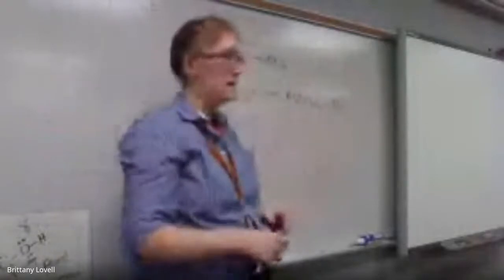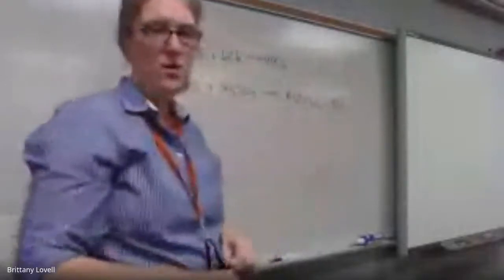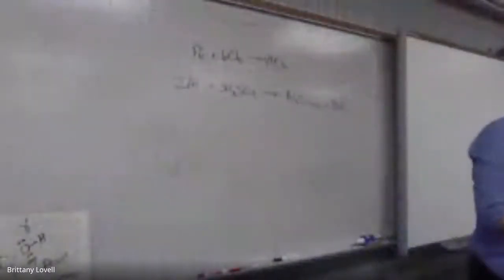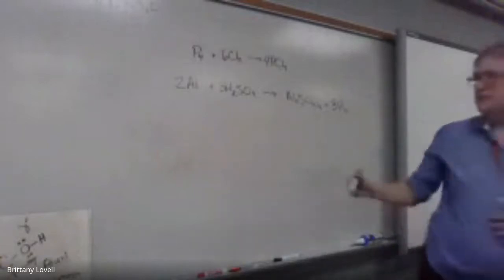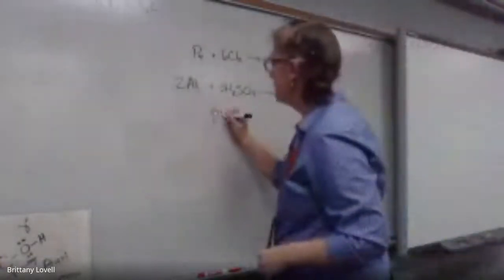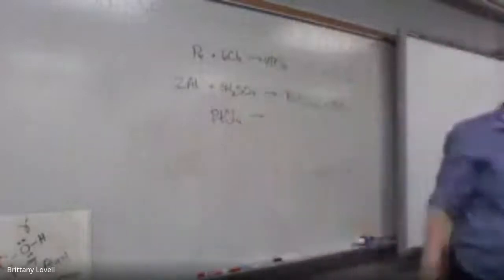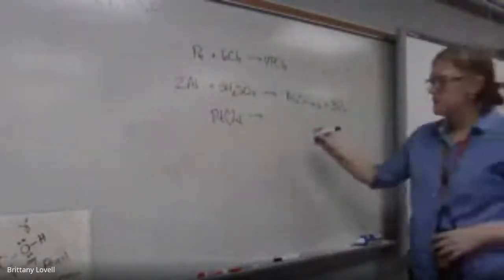Okay. All right. So hopefully you saw that or can see that. All right. The last one there was platinum tetrachloride, or PtCl4, whatever that is. So PtCl4 yields Pt plus Cl2.